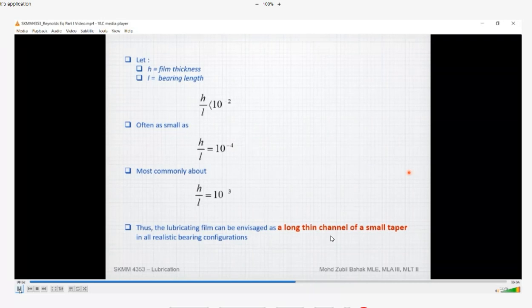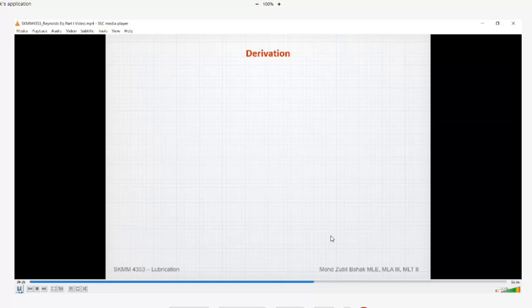Even though we see the bearing as almost a circle, like a shaft running inside a journal bearing, in terms of lubrication calculation, because h over L is very small, we can imagine the clearance as a long thin channel.